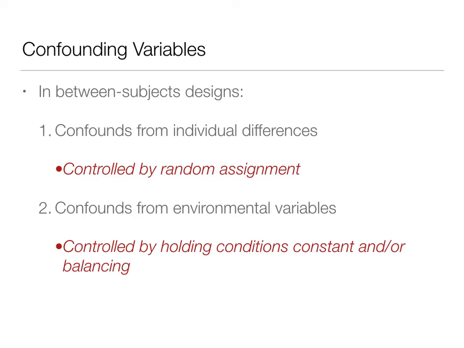So condition A will get half the time in room A and half the time in room B. Condition B will get half the time in room A and half the time in room B. So that we have balanced that variability between both conditions. And that allows us to control for that and say, okay, well, any differences between the rooms aren't causing these changes on my dependent variable because they're in both groups. And if they are, they cancel each other out.